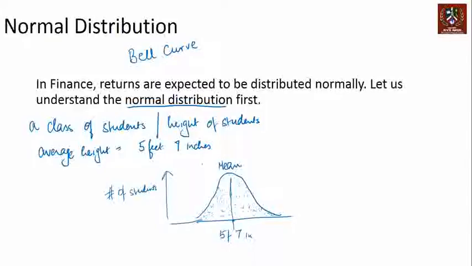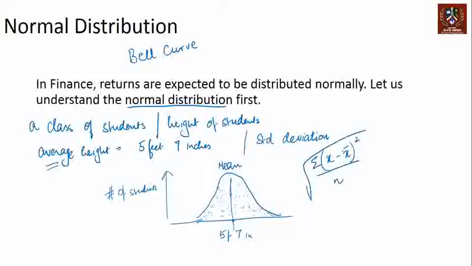Technically, with this data, you could do a calculation of the average, and you could find out the standard deviation. Standard deviation can be calculated as the summation of (x minus x bar) whole squared, divided by n, and we take the square root of this. We can do that.